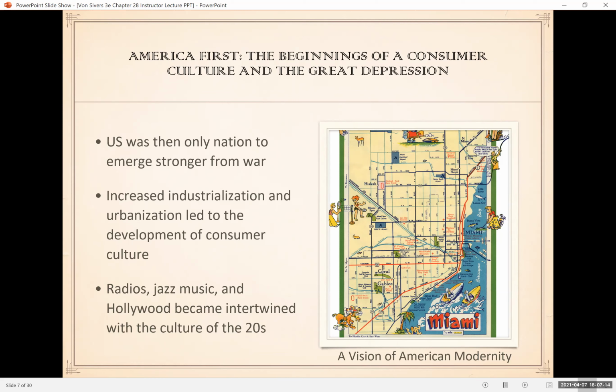going to send goods to Europe. The US will be instrumental in saving the little country of Belgium from starving to death. The person who's going to do that will be an entrepreneur by the name of Herbert Hoover.